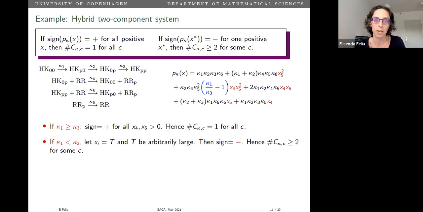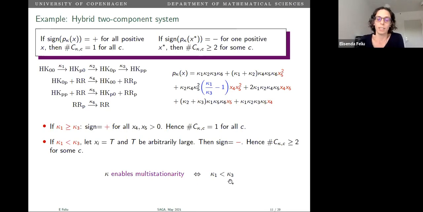If you let t be large enough, the polynomial attains negative values. So this polynomial will attain negative values, therefore this set will have at least 2 elements for some C. Okay? If we put it all together, K enables multistationarity if and only if K1 is smaller than K3.